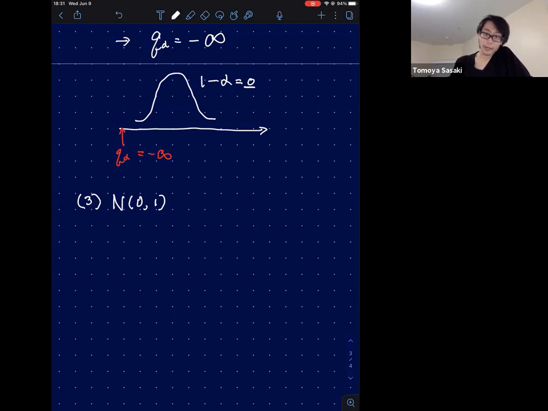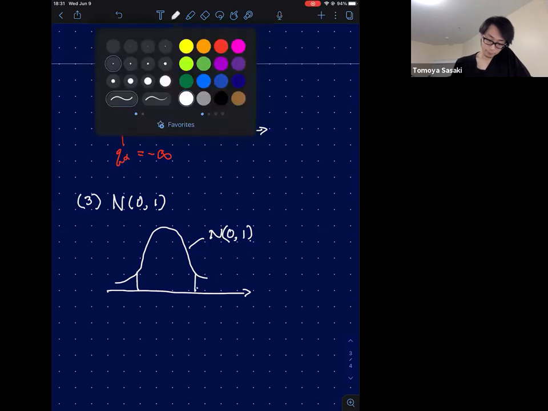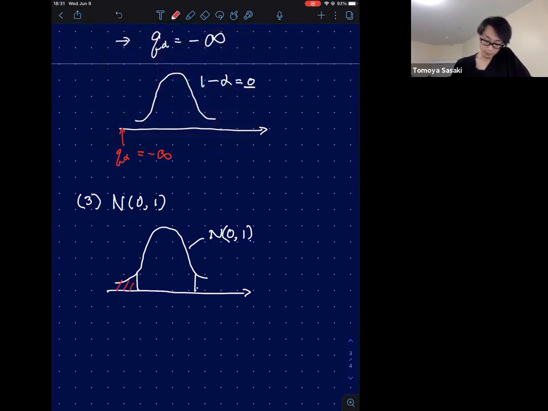And now we want to find, so this is normal 0, 1. Now let's say we want to find these two areas. So these two areas to have 1 minus alpha equals 0.05.